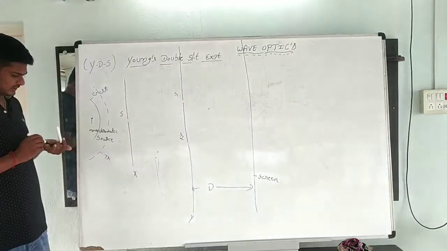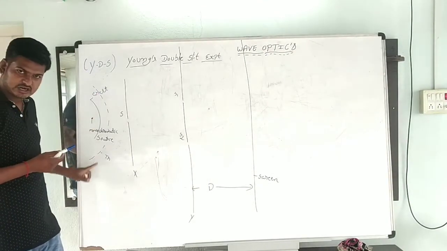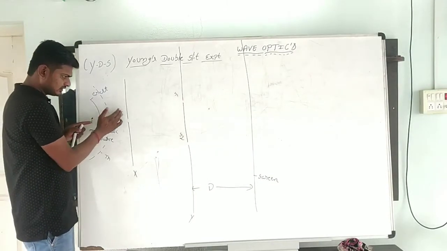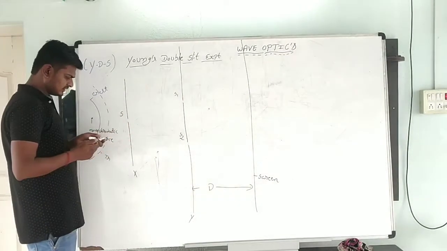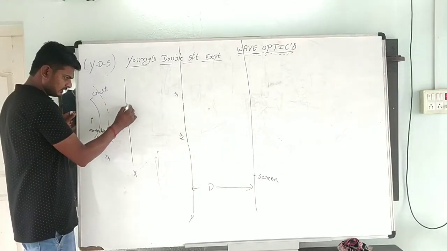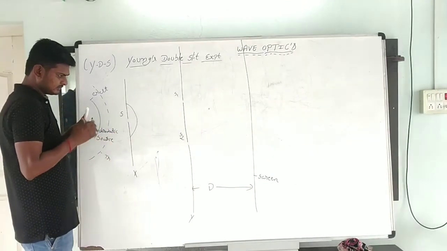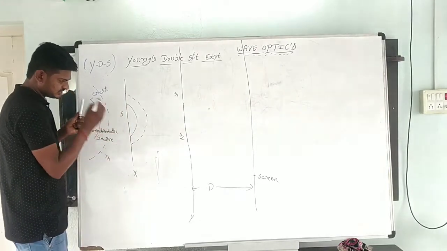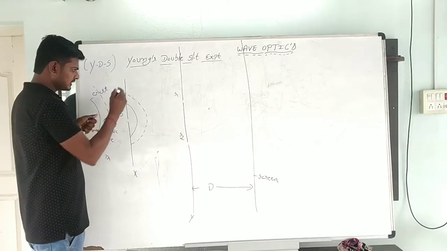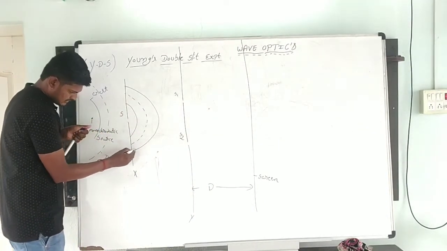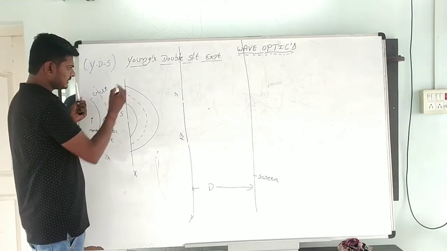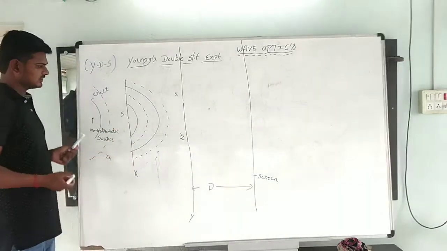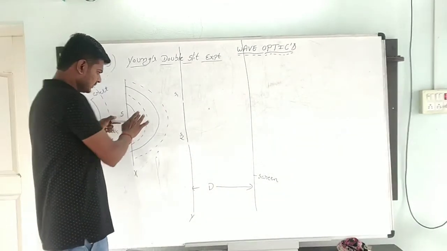The light waves fall on a single slit and pass through it. Here one will be crest, again one will be trough: crest, trough, crest, trough.